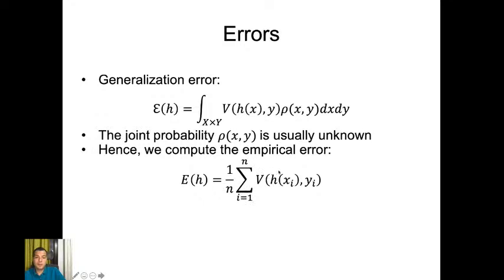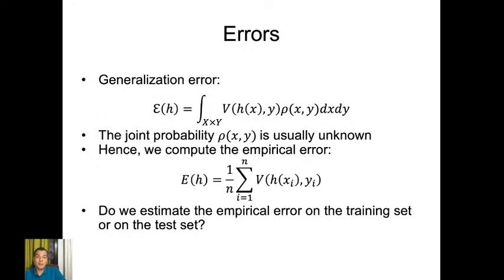So this is a discrete version of the generalization error, where we do a sum over all the data points that we have, for example, in the data set. This is an average over all these points, and the measure that we use, v, can be replaced with any function from the previous slide, which we're going to discuss later.